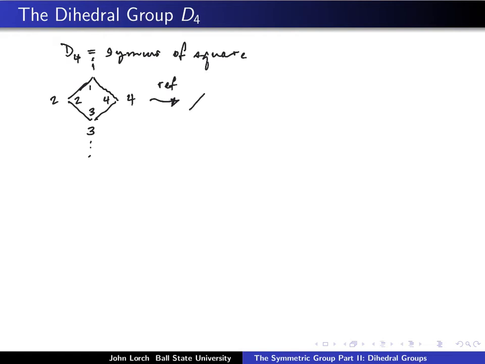So if we try and draw that out here, our positions stay put. 1 and 3 stay put because we're reflecting across the vertical midline, but now label 4 is in position 2 and label 2 is in position 4.